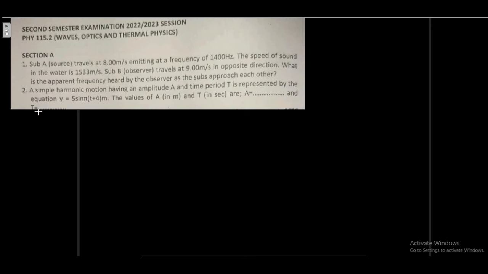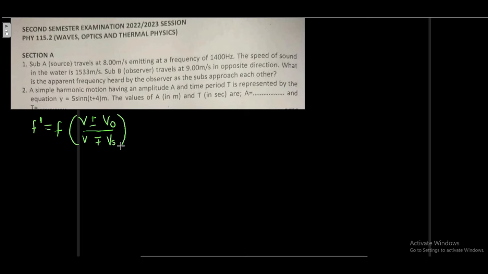All right. And for every question on Doppler effects, we have an equation which says the apparent frequency equals the actual frequency multiplied by the speed of sound plus or minus the speed of the observer, all over the speed of sound minus or plus the speed of the source.